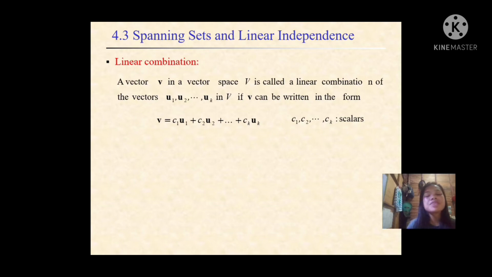Linear combination: a vector V in a vector space V is called a linear combination of the vectors u sub 1, u sub 2, up to u sub k in V if V can be written in the form V equal to C sub 1 u sub 1 plus C sub 2 u sub 2 plus ... plus C sub k u sub k, where C sub 1, C sub 2, and C sub k are the scalars.